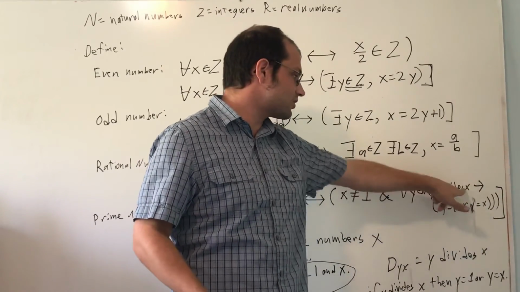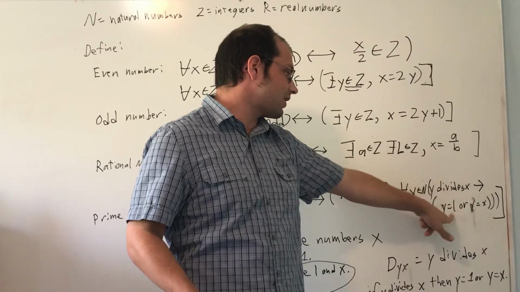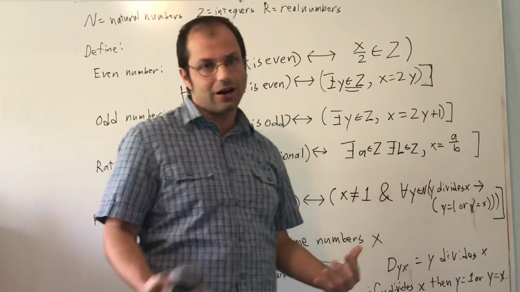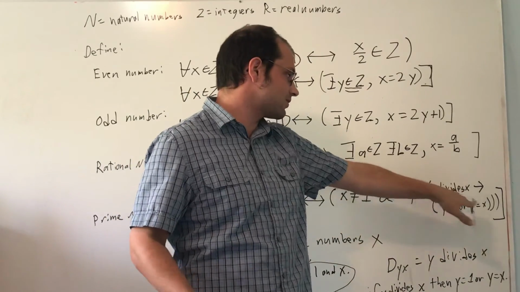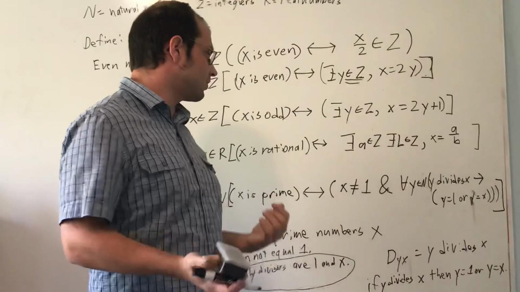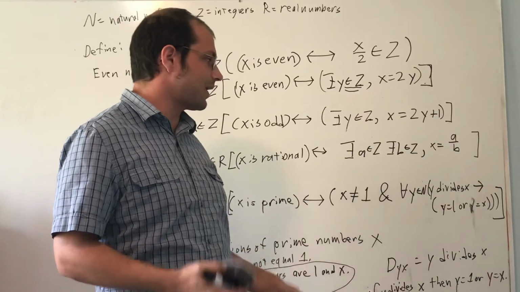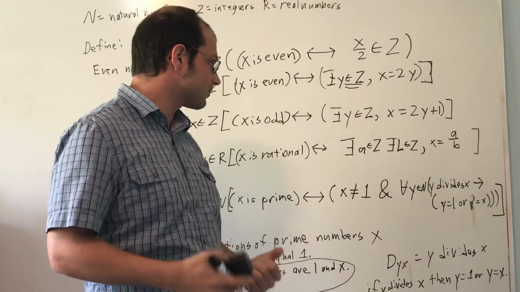And so this is a nice way of saying that everything that divides x is either 1 or x itself. Because if it divides x, then it's either 1 or x. All right? And so we have an and because both of these conditions have to be met simultaneously.